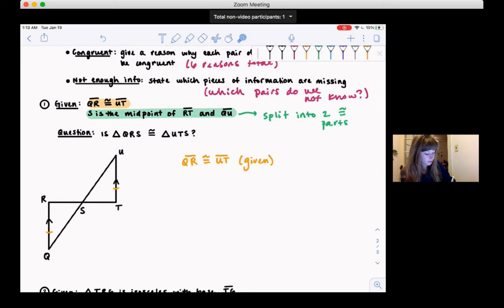S is in the middle of RT, so I know that this chunk is the same as that chunk. So we know RS is the same as TS. It's also the midpoint of QU, so that's split into 2 congruent parts, so QS is the same as US.